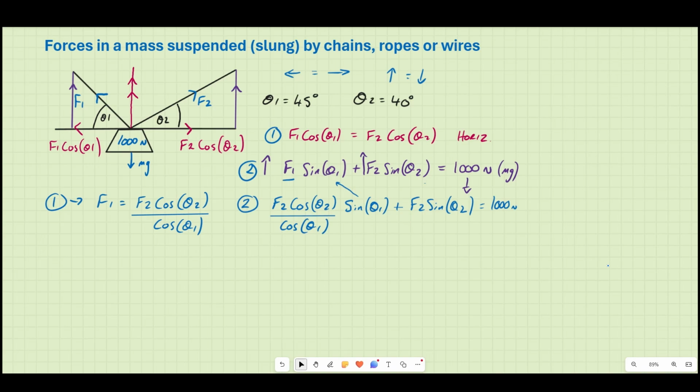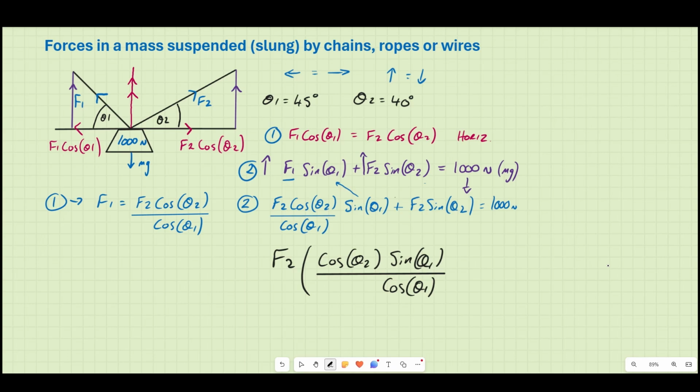So I've just zoomed out a bit, and now we've got this equation here. And what you might notice is there's a common factor. There's f2 there, then a plus sign, and f2 there. So we can factor those f2s out. So we end up with f2 multiplied by cosine of theta 2 multiplied by the sine of theta 1, and they are both over the cosine of theta 1.